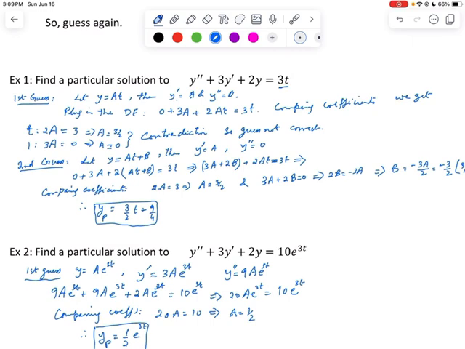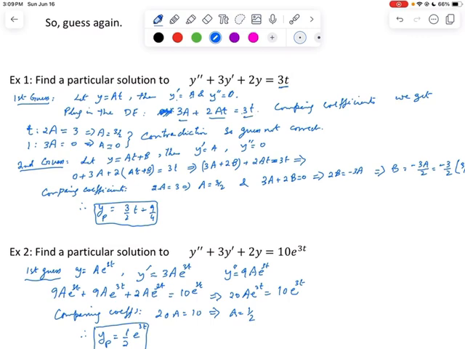Now we compare the coefficients. How do we compare the coefficients? This is a polynomial on both sides, so we compare the coefficients depending on the power of the independent variable. This term has a t and this term does not have a t. The 0 will be gone. So our equation looks like 3a plus 2at equal to 3t.